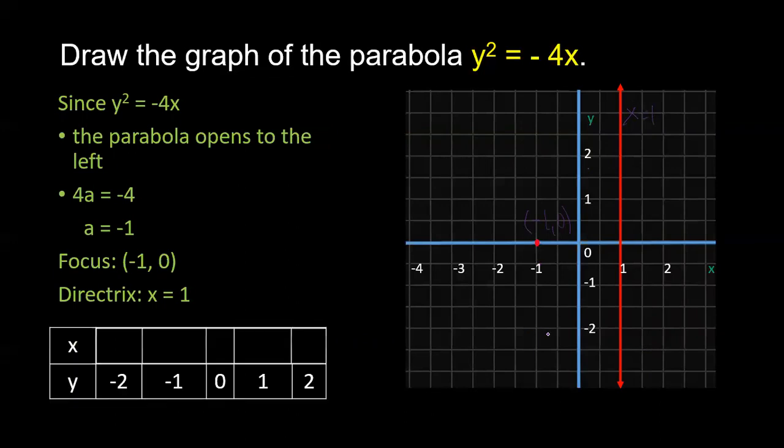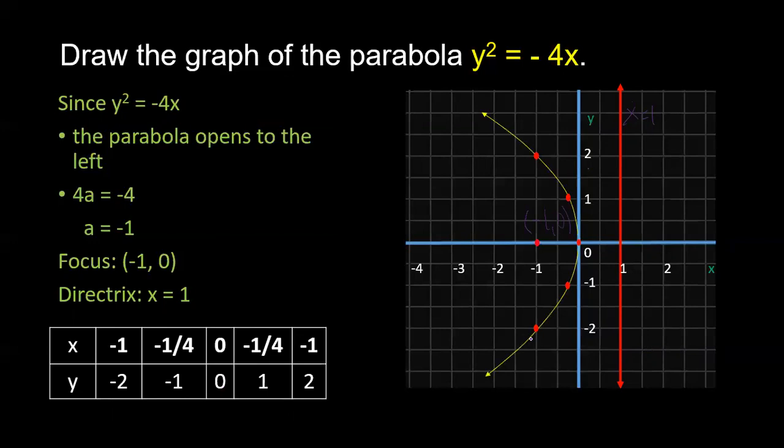So again, let's have a table of values to find the points on the parabola. This time, I started with the values of y, since it's easier to evaluate x given the values of y squared. So I got these values. Negative 1, negative 2; negative 1/4, negative 1; 0, 0; negative 1/4, 1; negative 1, 2.